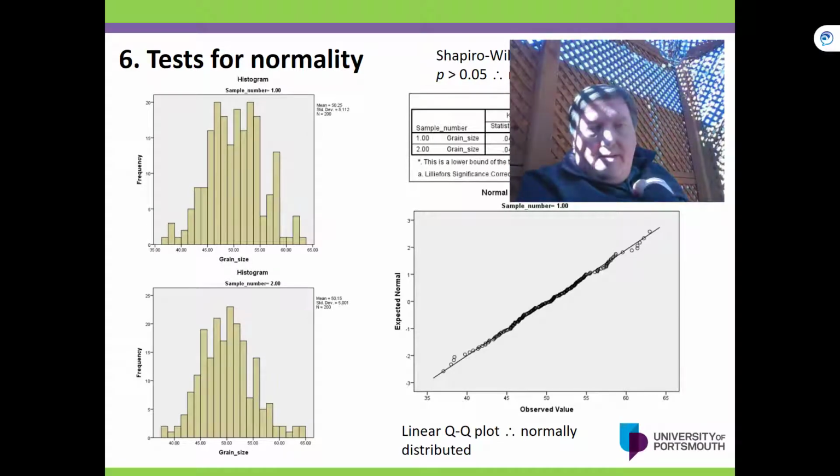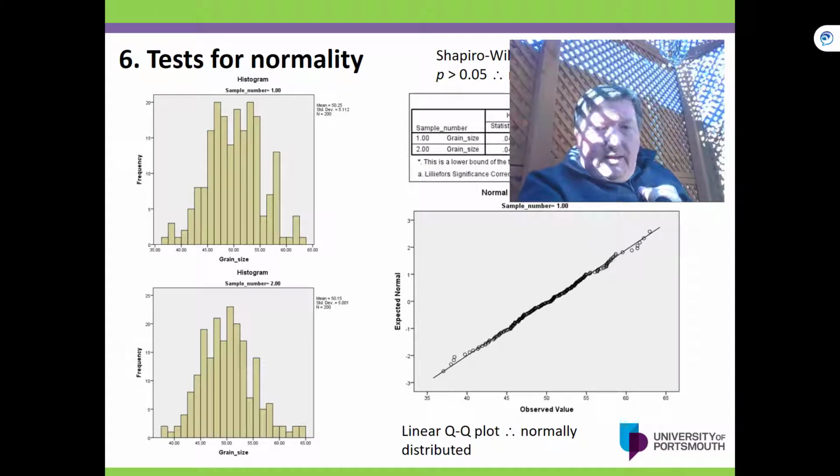So let's have a look at some real data. In this example, we've got two histograms on the top left and bottom left, and you have a distribution which looks like it might be normally distributed, but you can see there's some variation within that profile which might make you think, is it normally distributed or is it not?